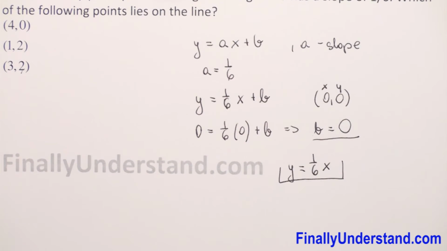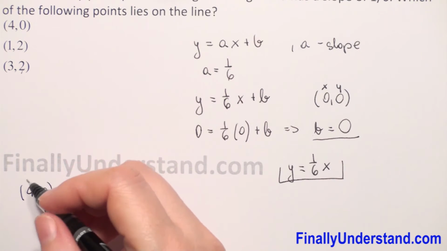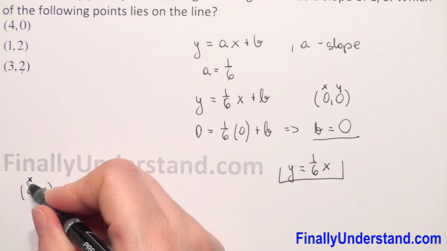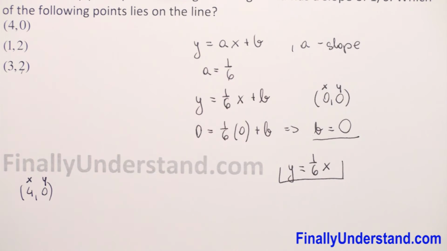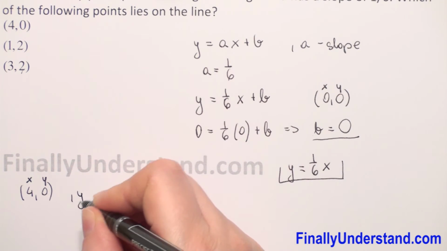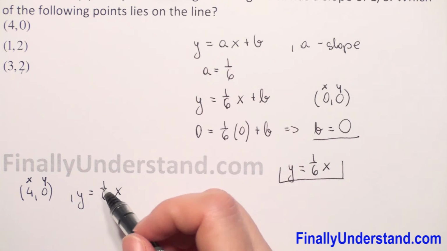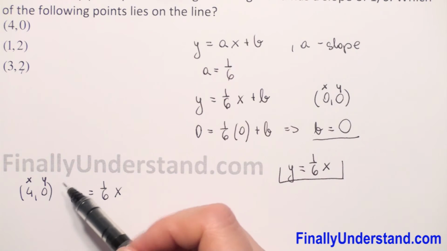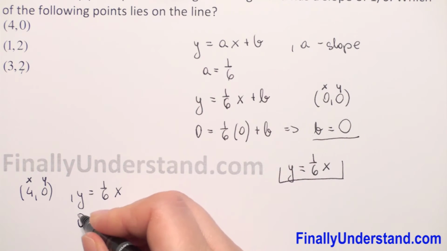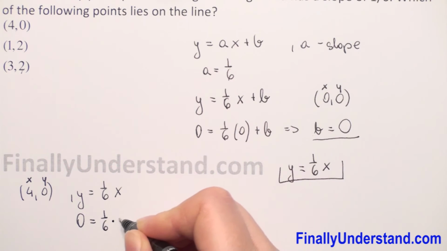So let's take the first point. We have 4, 0. The first coordinate is x and the second is y. Let's copy our formula: y equals 1/6 x. So we need to substitute y by 0 and x by 4.